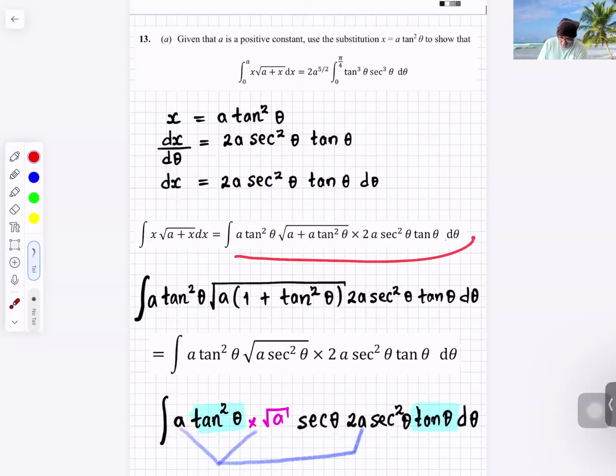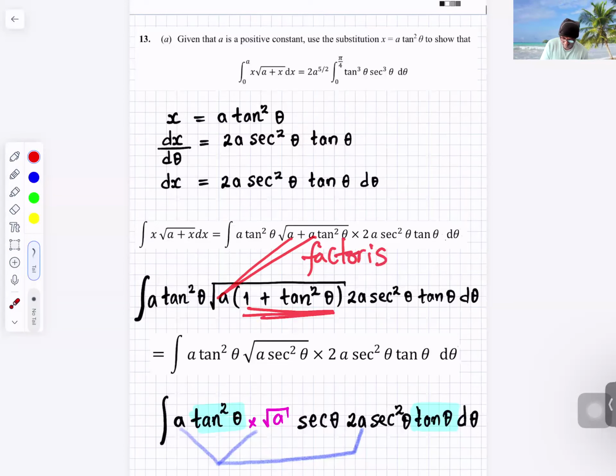Now that you've got this expression, we need to start to simplify it. Factorize a out of the bracket. You have 1 plus tan squared theta. So what I've done here is factorize. And then we know that 1 plus tan squared theta is sec squared theta.